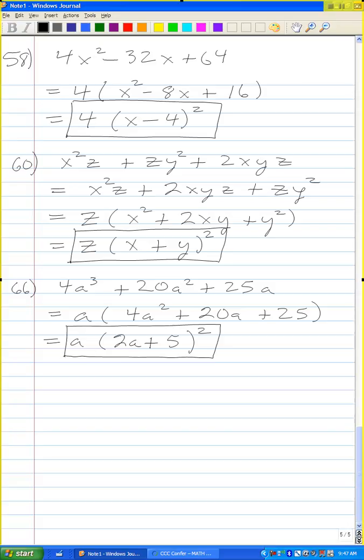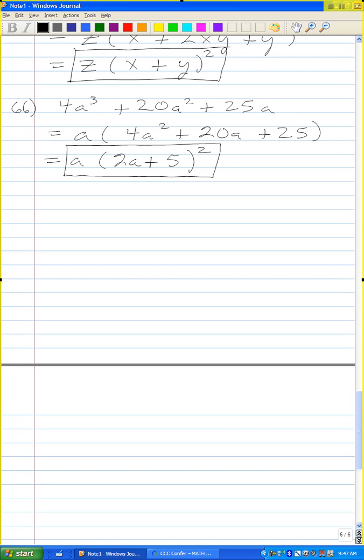Let me do problem number 68. 27a squared b minus 18ab plus 3b. So the greatest common factor in this case is 3b. What remains is 9a squared minus 6a plus 1.